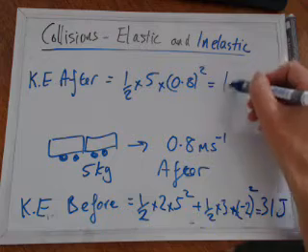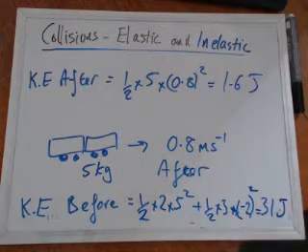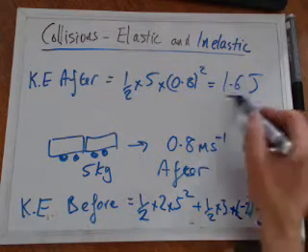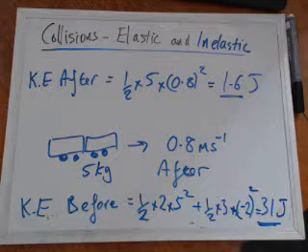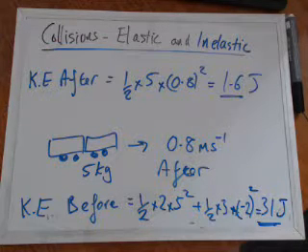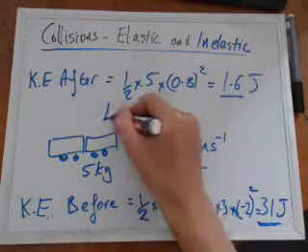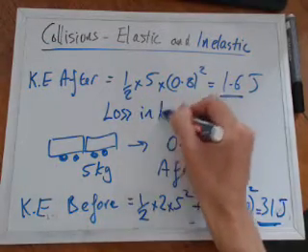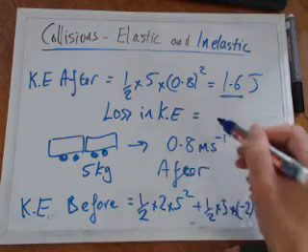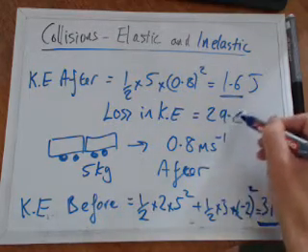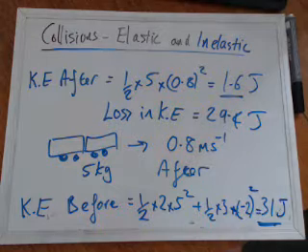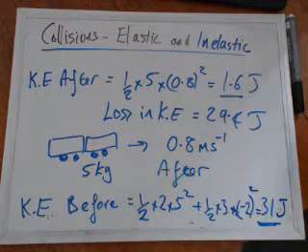Okay, 1.6 joules. So clearly a huge amount of kinetic energy has been converted into other forms of energy, and the loss in kinetic energy is equal to 29.4 joules. So clearly an inelastic collision.